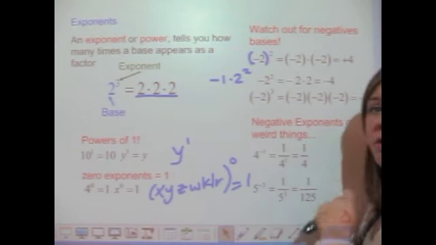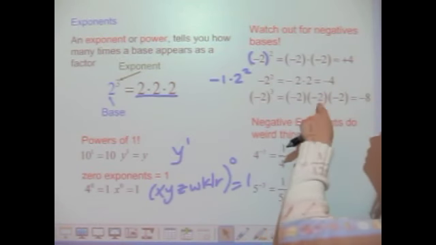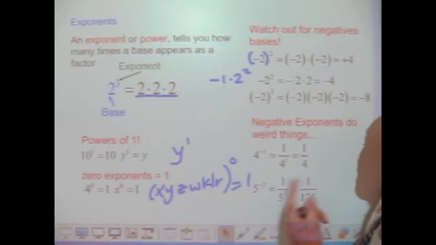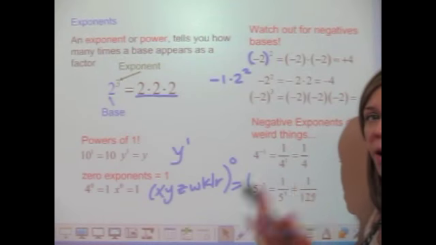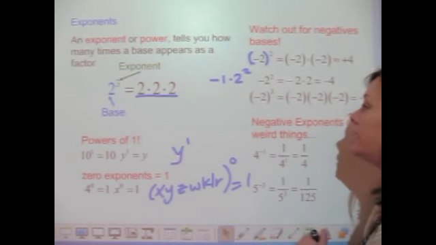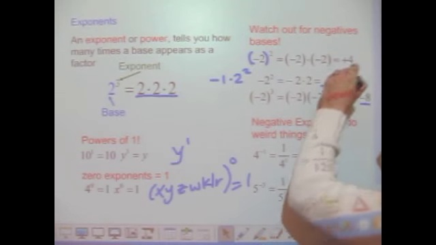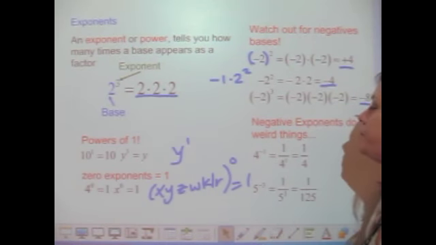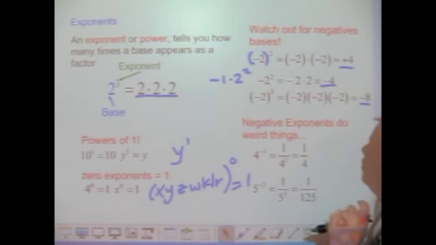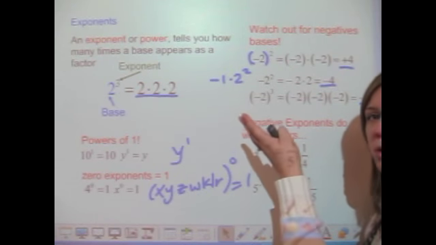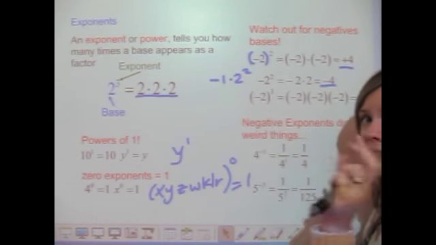However, (-2) to the 3rd power would be -2 times -2 times -2, and that would actually equal -8. So be thinking about how many times you're multiplying positives and negatives together, and whether your final answer should be positive or negative. Another thing to consider are negative exponents. They do weird things. What they do is they move a value to the opposite position.